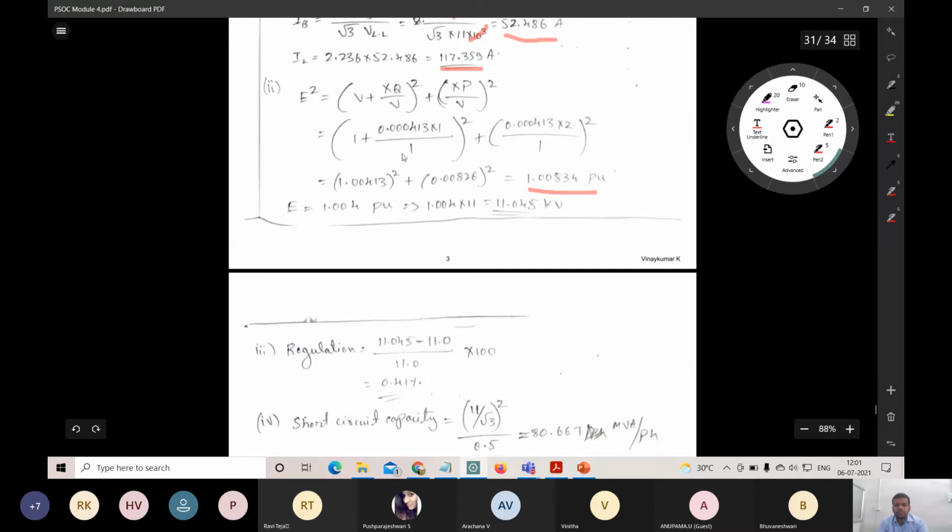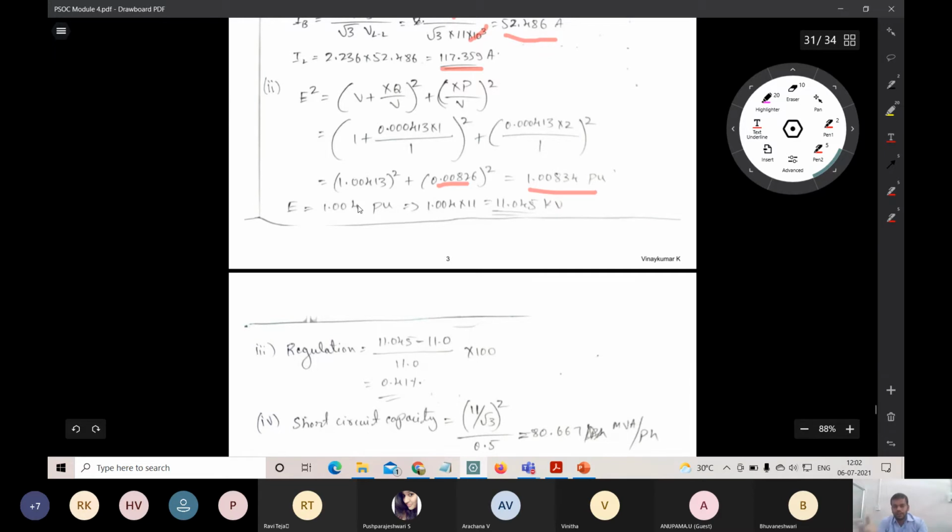By substituting this, you will get 1.00413 whole square plus 0.00413 into 2 whole square. You will get the same 826 whole square. So the final value is nearest to 1 per unit. So E square, so E is our 1.004 per unit.